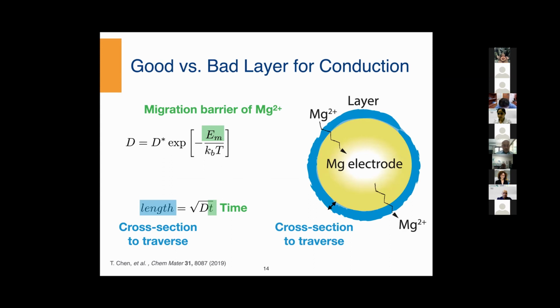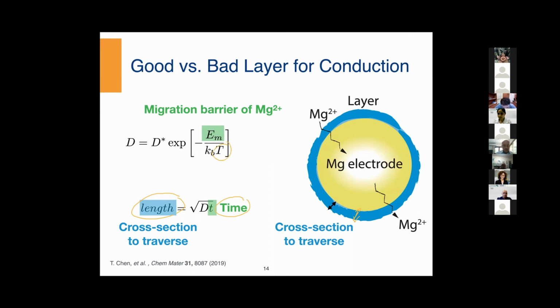The phenomenological model is not very difficult. We can control 3 variables in our computational experiment. We have time, we have length, and by length, I'm talking about the cross-section of the material that is coating your electrode. Here is a magnesium electrode, but it could be a cathode. And then you have temperature up here.